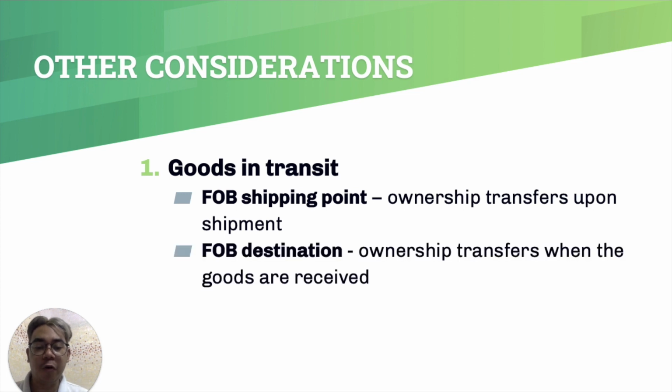Pangalawa is FOB destination. As to FOB destination naman, ownership transfers only when the goods are received. Ibig sabihin, kapag in transit yung goods, habang nasa way pa lang siya, the owner of the goods ay yung seller. Because the legal title will be transferred to the buyer only when na-receive na yon ng buyer.